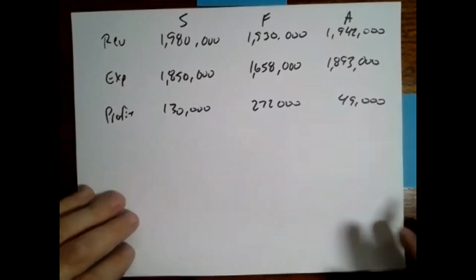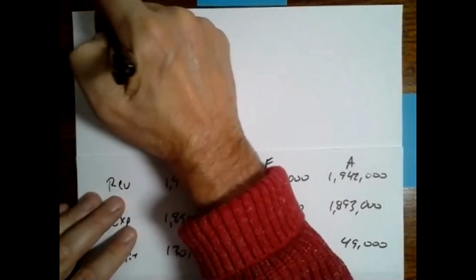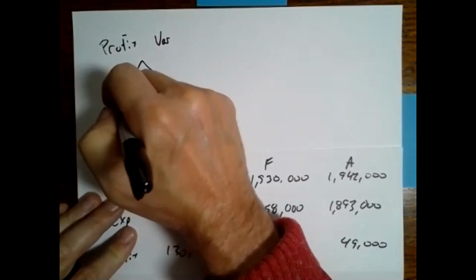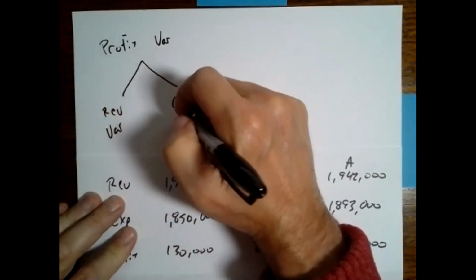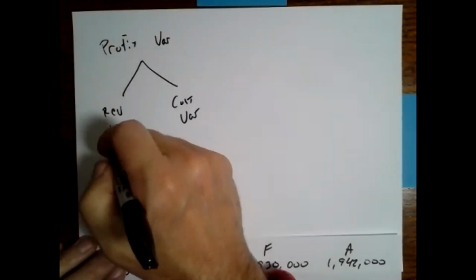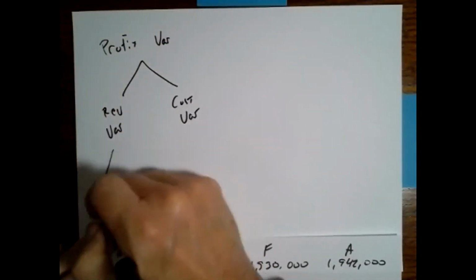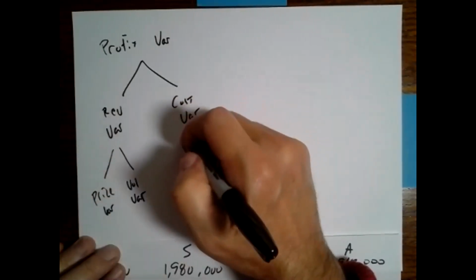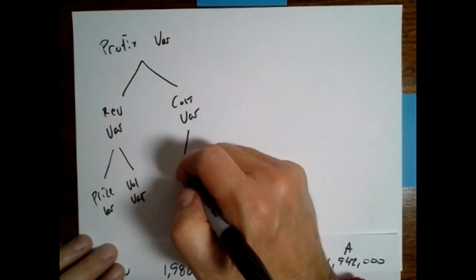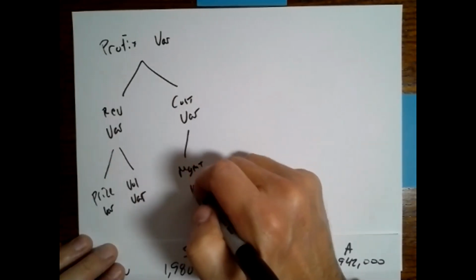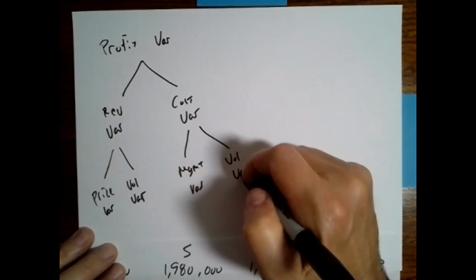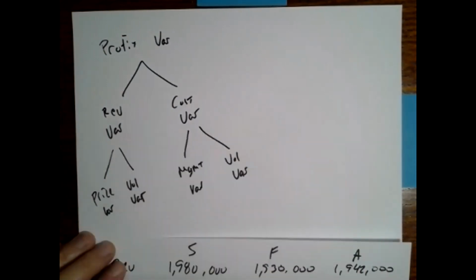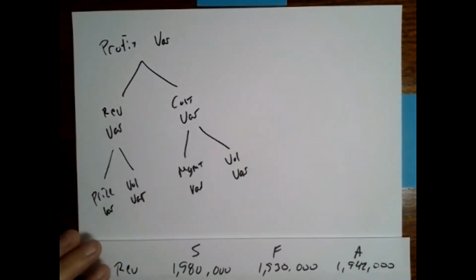Remember, profit variance decomposes into revenue variance and cost variance. Revenue variance decomposes into price variance and volume variance. And cost variance decomposes into management variance and volume variance. So for parts B, C, and D, this is what we're going to do. We have everything we need to calculate that.